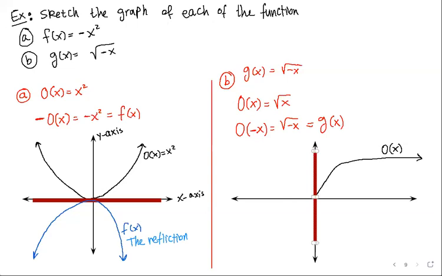Now the graph is reflecting around the y-axis, so it's going to be like that. This is g of x equals square root of minus x. So this is the reflection function. Any question for this one?